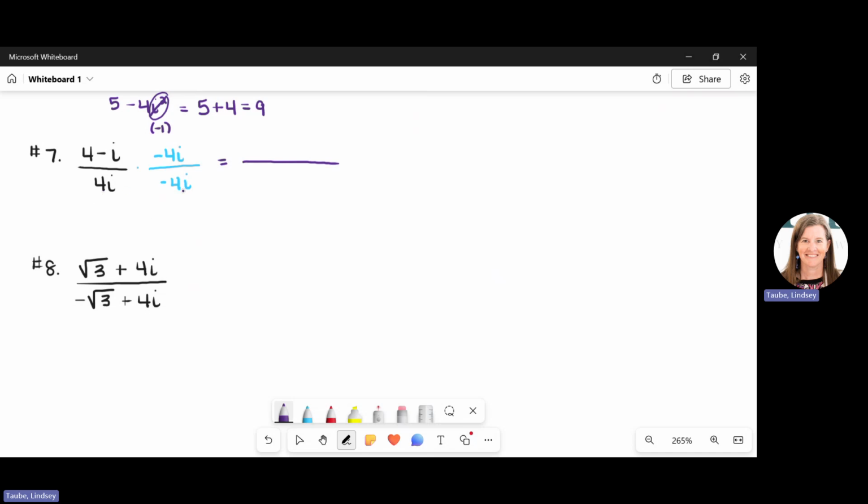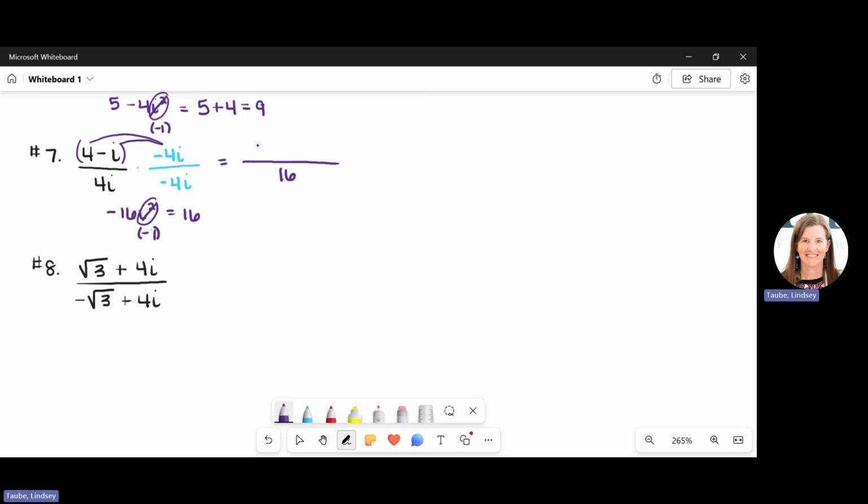So 4i times negative 4i would be negative 16i squared. And the i squared, once again, is negative 1. So 16 times negative 1 is positive 16. By multiplying by the opposite sign for the i term, we end up with a positive denominator, which is nice. And then we want to make sure we distribute that negative 4i by both terms in our numerator.